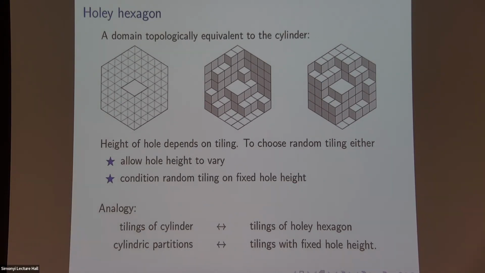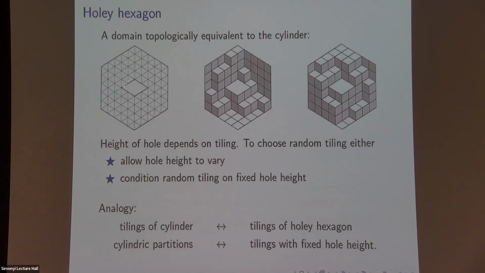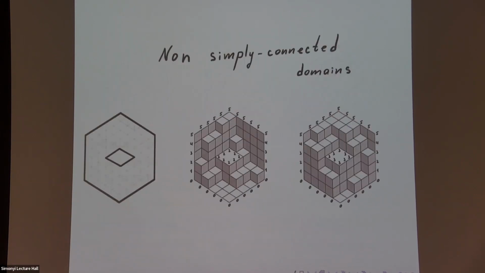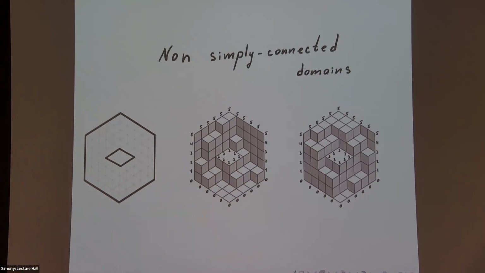In any tiling, would all the boundary of the hole be the same height, or is this a constraint that you add? Yes, it depends on the shape of the hole. If I choose this shape, then it has to be the same, because you count the number of lozenges. Remember we had these local conditions for the height function, how the height function changes. And the height function on the inner boundary is actually identified by just one value.